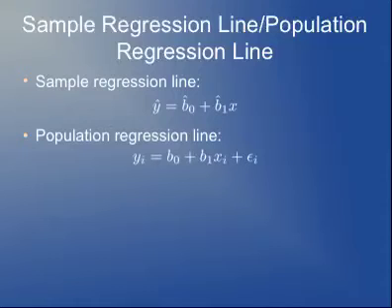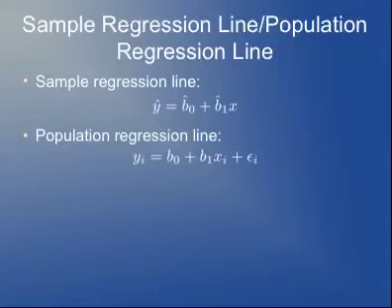This estimate of the sample regression coefficients will have a certain amount of error, just like when we were trying to make inferences about the mean of a population. If you take a sample of 100 people from the US population and take their height, that will not be exactly equal to the mean height if we took all 300 million people in the US.